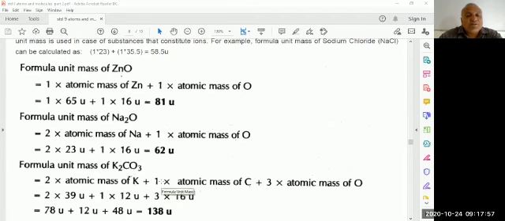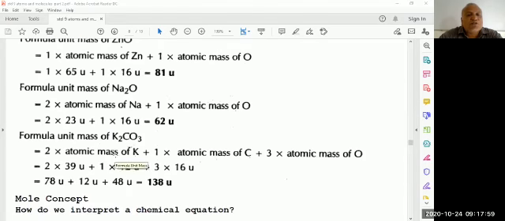The same way, here potassium carbonate also I have shown you. So this formula mass must be remembered. So I hope you will repeat the videos and see the calculation, and you have to try to understand, and beta, all this information must be written in your notebook.